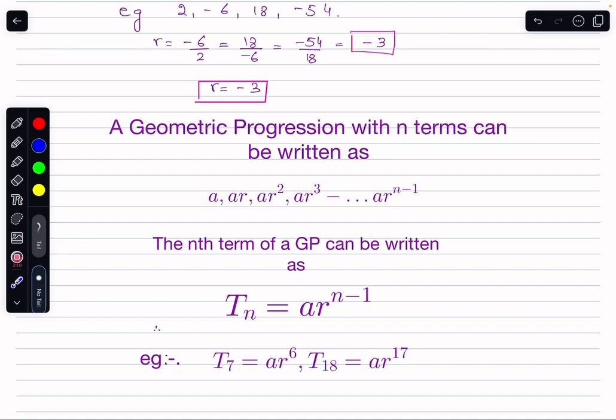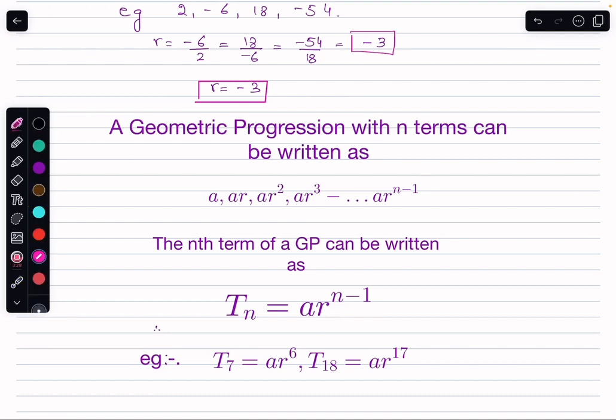Therefore, the nth term of a geometric progression can be written as Tn equals ar to the power n minus 1. A is the first term, r is the common ratio, and n is the nth term here.